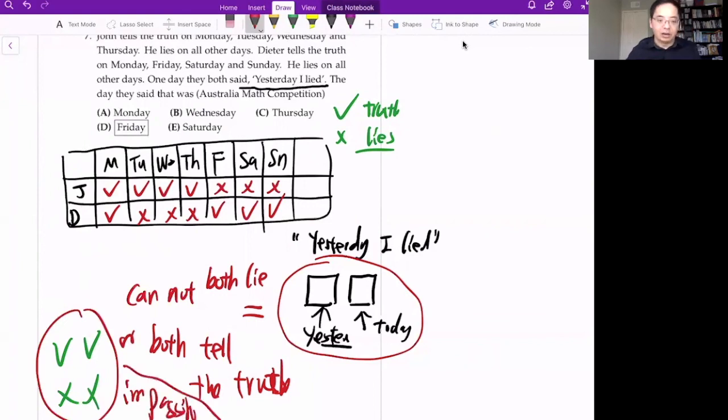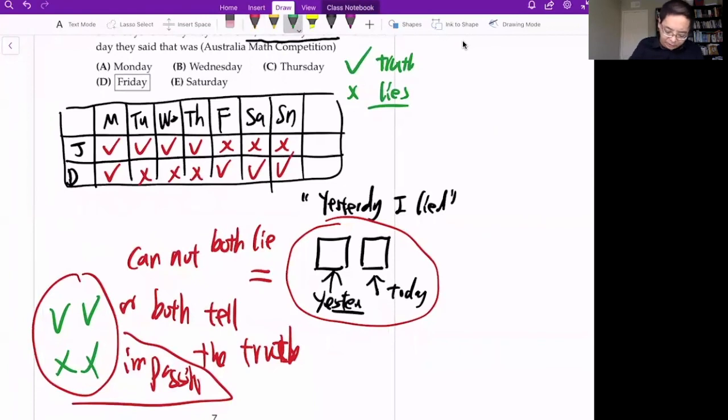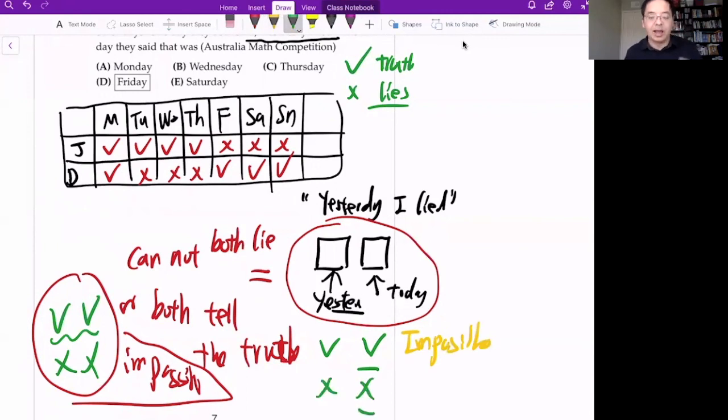Now, why is that? Well, think of this. If today he tells the truth, and yesterday he also told the truth, then he says, "Yesterday I lied." If he tells the truth, it means yesterday he should have lied. That's impossible. If both days he lied, today he lied saying "Yesterday I lied," then because it's a lie, yesterday he should have told the truth, but yesterday he lied.